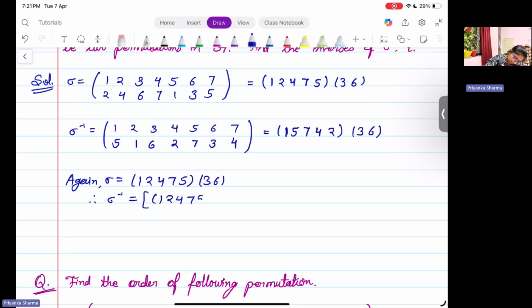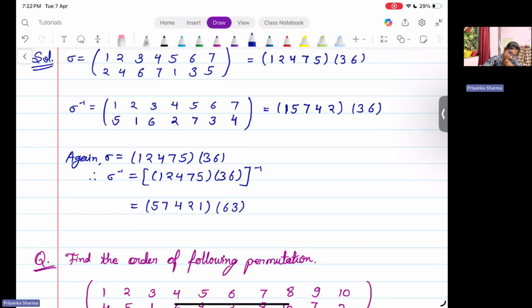To find the inverse of this product of two cycles, we compute the product of the inverses of these cycles. The inverse of the cycle (1, 2, 4, 7, 5) will be (5, 7, 4, 2, 1). We write this in the reverse order. And what about (3, 6)? So (3, 6) will be (6, 3).